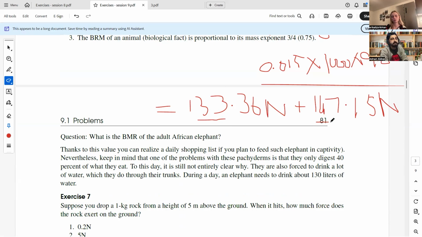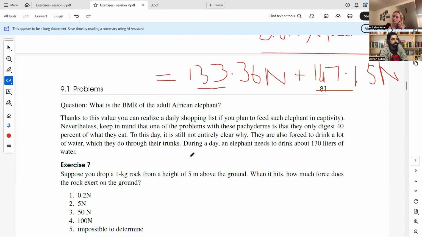For example, it should be 130.5 plus 147.5, which will give you a force of 277.